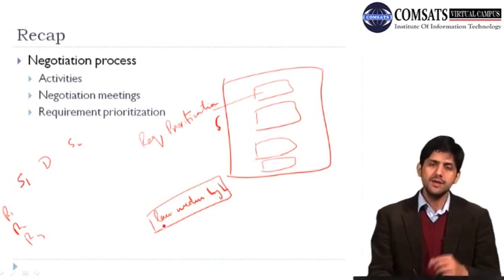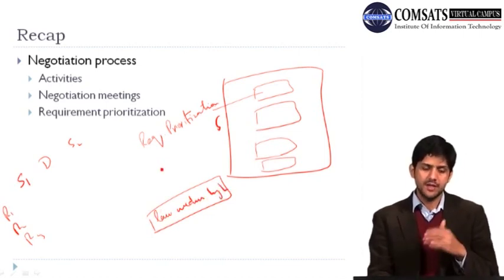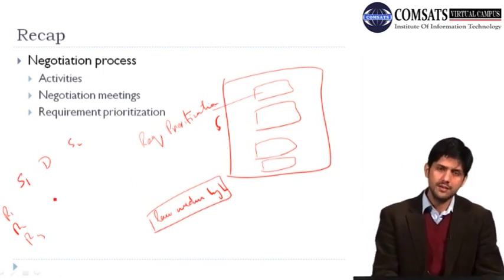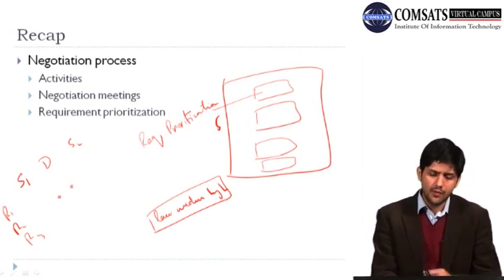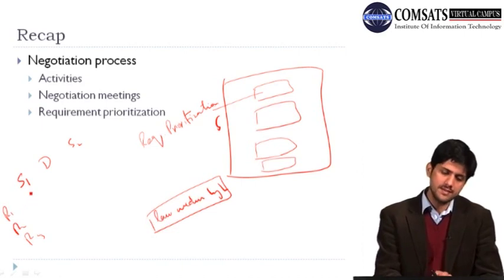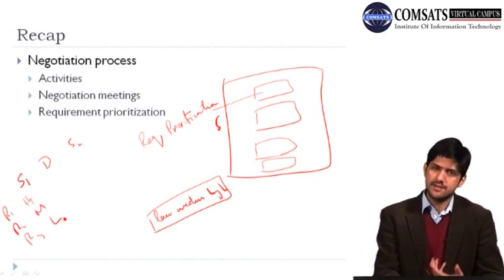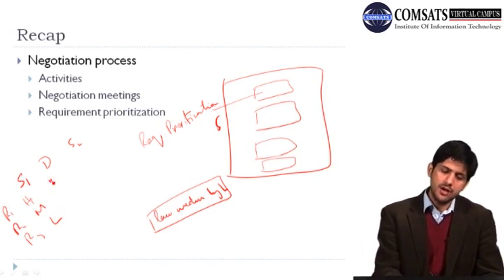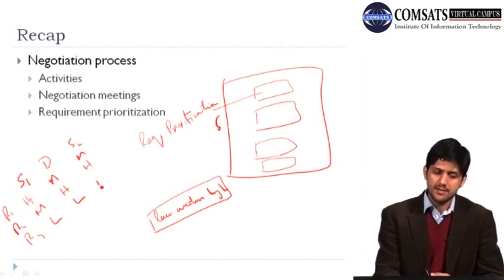We can ask stakeholder one how he prioritizes each requirement. Stakeholder one says R1 is high priority, R2 is medium, and R3 is low. Our domain expert says no, R1 is medium, R2 is high, and R3 is low. Then S2 also says this is medium, this is high, and this is low.